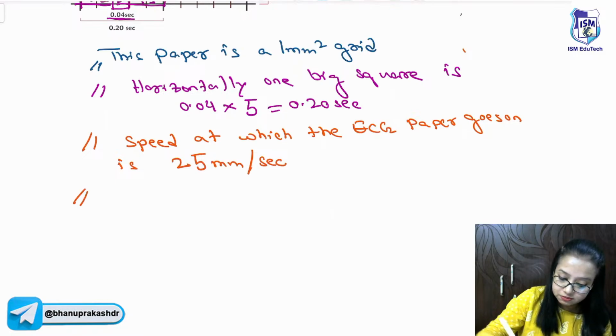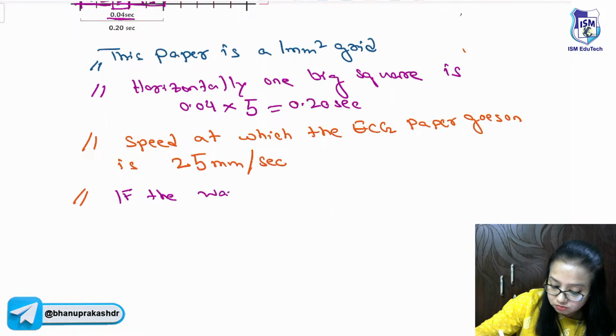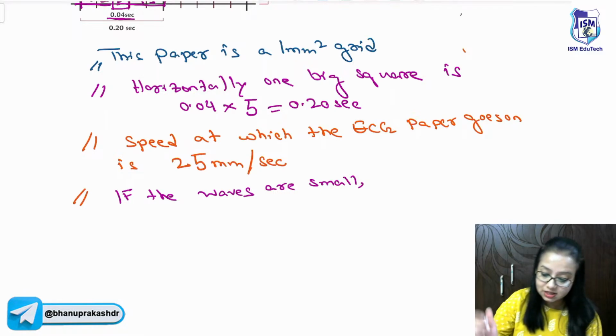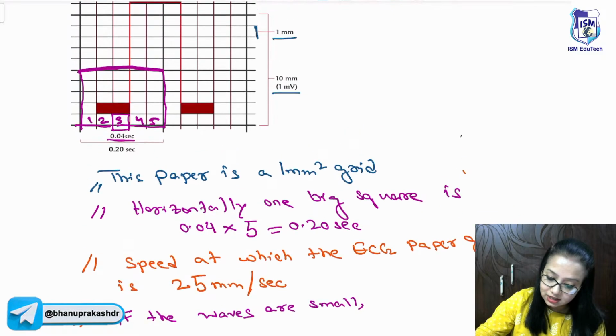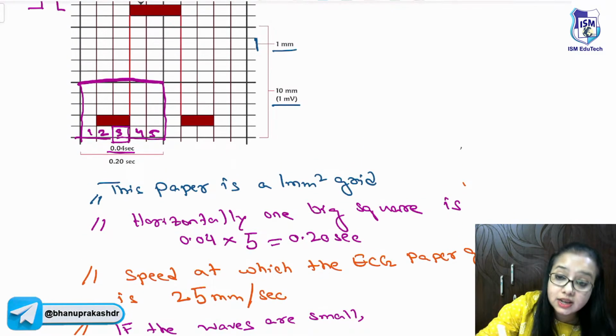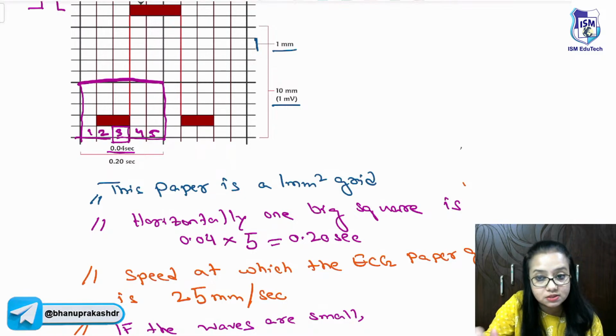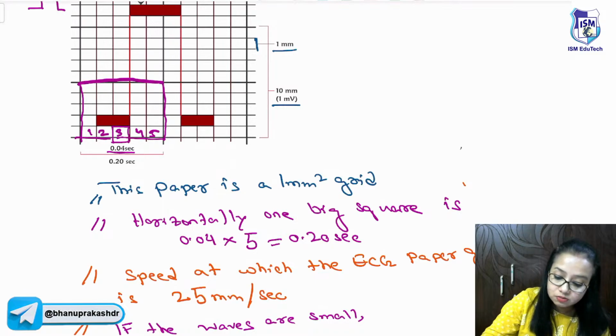Now, if the waves are small, then definitely the calibration will change. In the normal case, 10 millimeter, that is 10 small boxes, at a speed of 25 millimeter per second, gives a voltage of 1 millivolt.